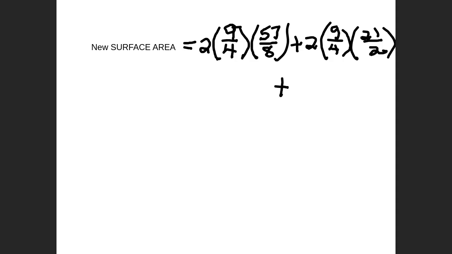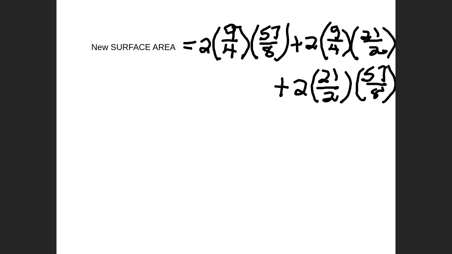And then we had 2 times, in this case, 21/2 times 57/8. These were the new length, width, and depth dimensions after we subtracted 1/2.